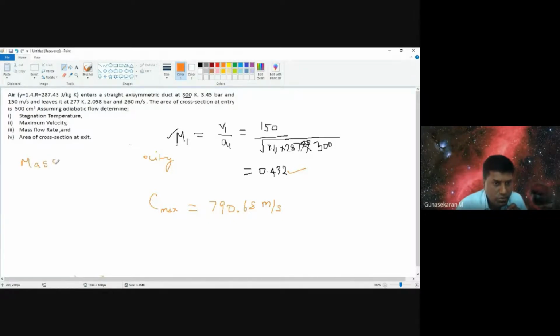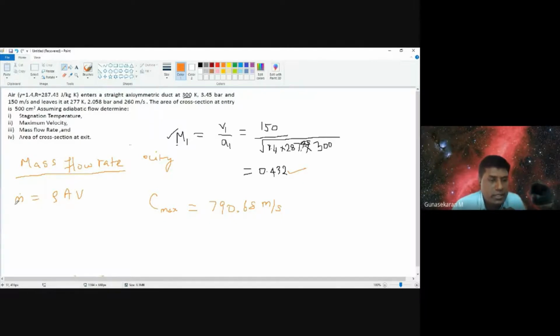Mass flow rate, m dot, is nothing but rho A V. The mass flow rate at the entry and the exit should be the same, since it is an axisymmetric duct with adiabatic flow, so there are no heat losses.